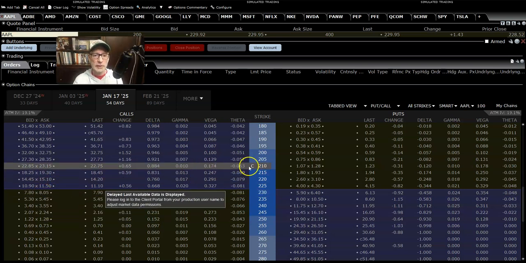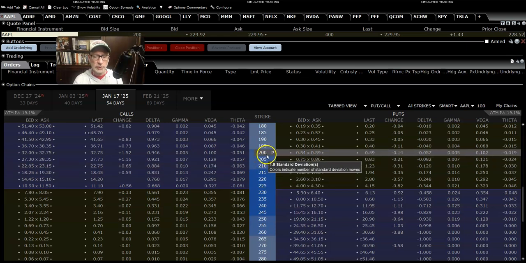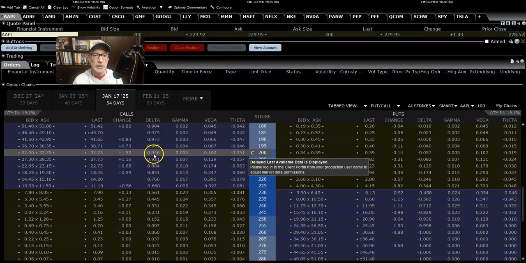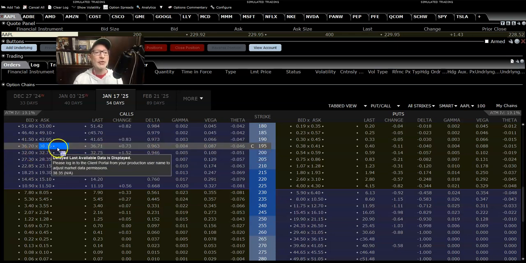Now, let's look at the 200 calls, which has just under a 95% delta, meaning if Apple goes up by $1, this option price will go up by about 95 cents per contract. So you're getting almost point for point movement with the stock. But this option will cost you roughly $32.50 per contract. Let's just say somewhere in the middle. We'll use $32.50. That's $3,250 it'll cost you.